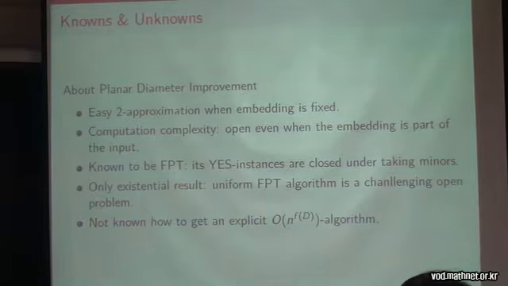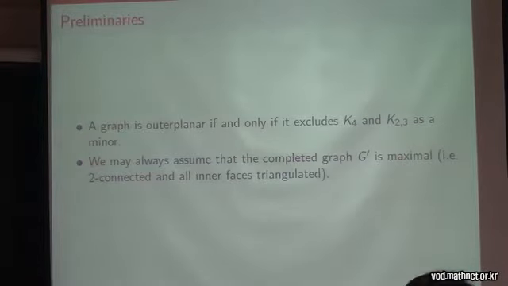So instead of taking this problem directly, we will consider a special case of the problem where the given instance is outerplanar and you want to make an outerplanar graph. There are some basic facts about outerplanar graphs. A graph is outerplanar if and only if it doesn't have K4 or K2,3 as a minor.